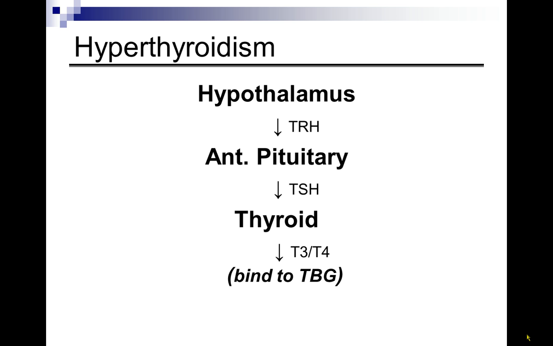It causes the pituitary gland to secrete TSH, thyroid-stimulating hormone, and that goes to the thyroid gland and stimulates the release of thyroid hormone, specifically T3 and T4. Also, just a reminder that these hormones circulate in the body bound to a protein called thyroid binding globulin. And then, of course, there are negative feedback loops throughout this system as well.